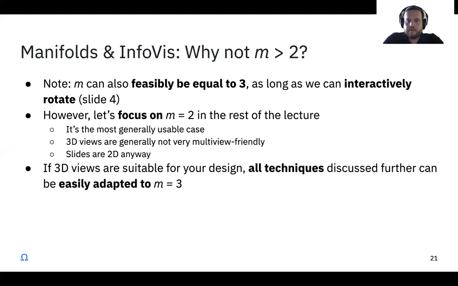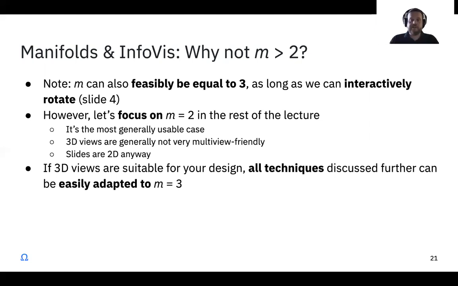Reitze asks, would fixing the different views with respect to each other when rotating improve its usefulness? I don't think so, because if you have multiple 3D views next to each other, you're probably going to have different dimensionality reductions in each of them.